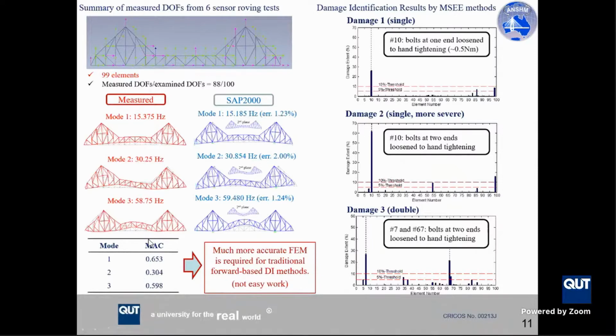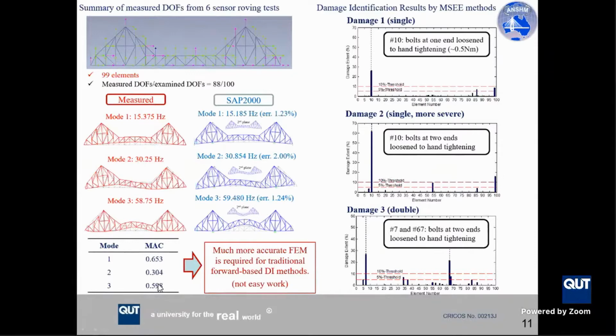If you look at the MAC value, the highest MAC value is only 0.653. Normally, if we want to use this FEM model for damage detection, we need to calibrate it. We need to update the model, and this is very challenging work with this value.